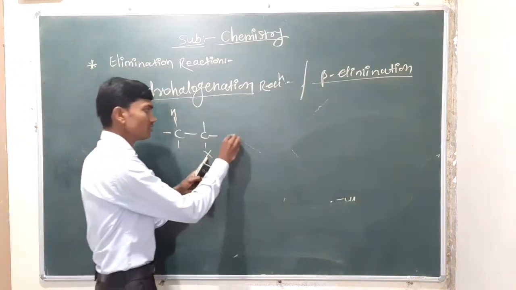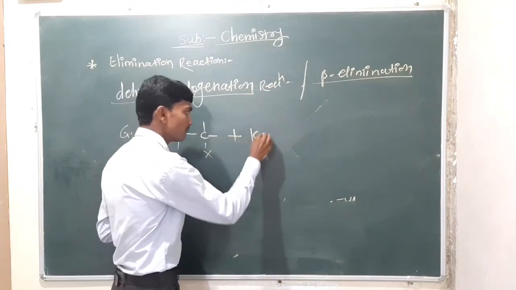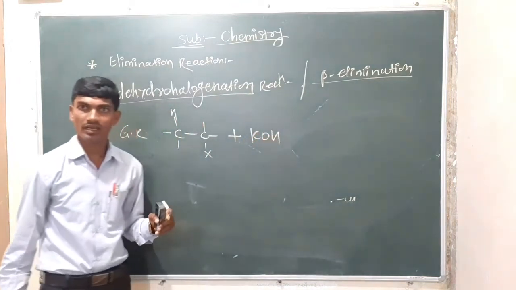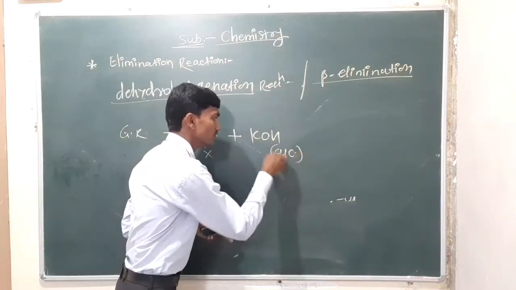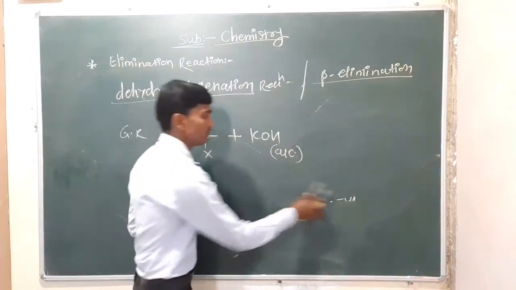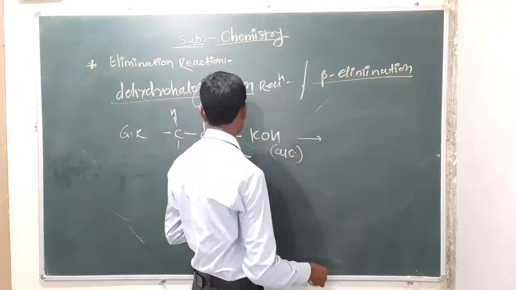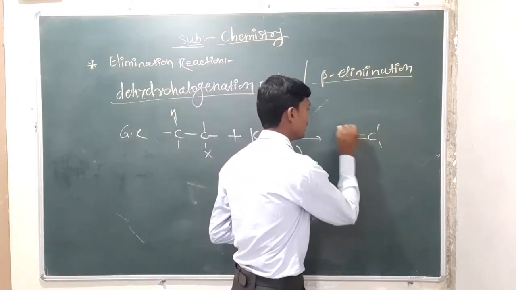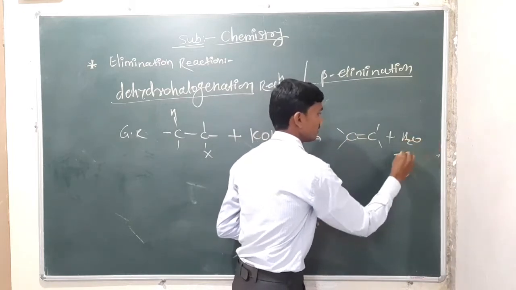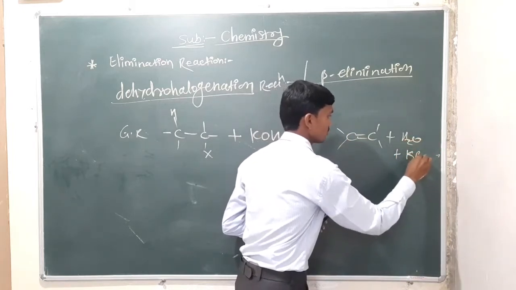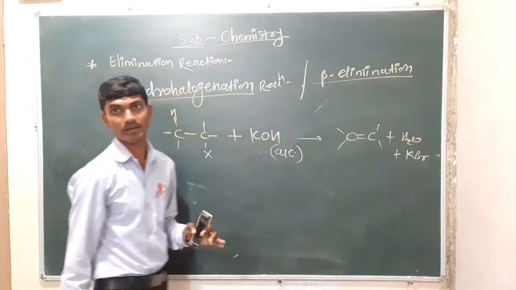This reaction requires a base like NaOH or KOH in alcoholic medium to form the compound alkene plus water and potassium bromide.